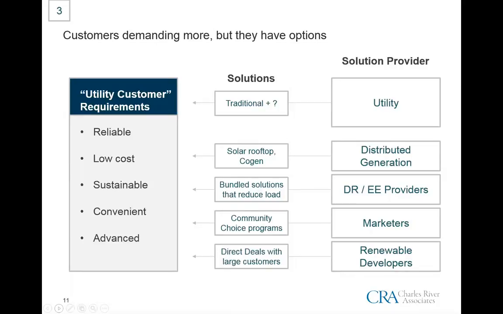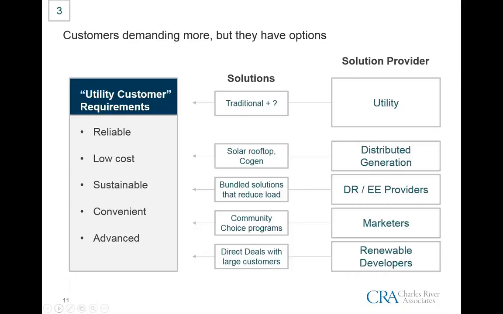So if you think about the set of solution providers across the spectrum now, you have the distributed generation providers, you have the DER providers, you have the marketers, and you have the renewable developers. And they're looking at innovative ways to begin disintermediating you from your customer. And for instance, in the community choice programs that have emerged in California, it was really a program that started more than 10 years ago, but is really picking up pace now.